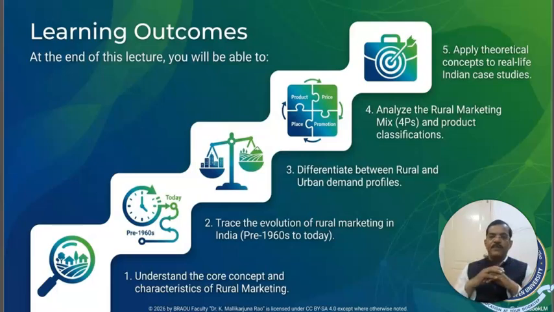The third objective is the difference between rural and urban demand profiles. The fourth outcome of our discussion is to analyze the rural marketing mix with 4Ps and product classification. The final, fifth objective is to apply theoretical concepts to real life case studies in India.